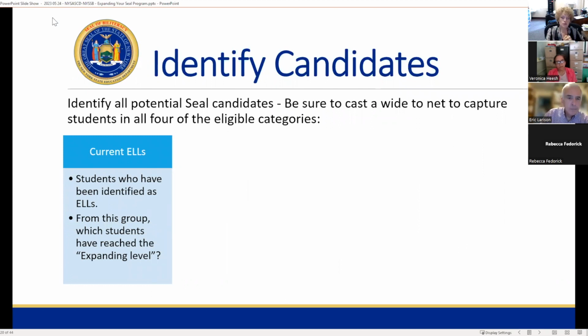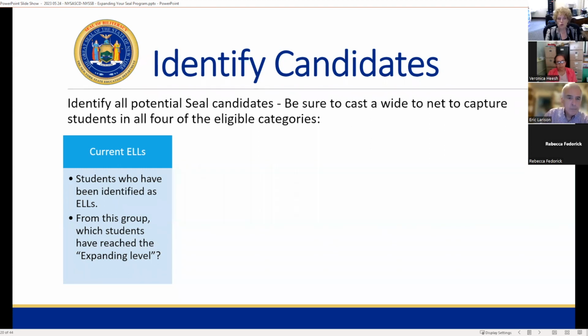We're going to move on to how we can increase or expand our seal programs by better identifying candidates. Every school wants to make sure they're identifying all potential seal candidates by casting a wide net to capture students who fit in one of 4 eligible categories. The first are current English language learners, or ELLs.